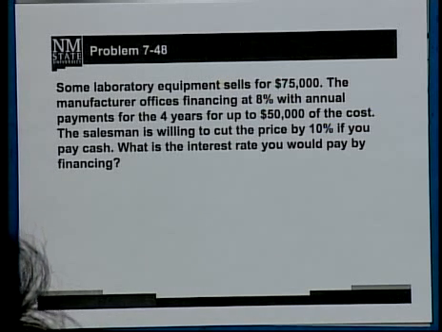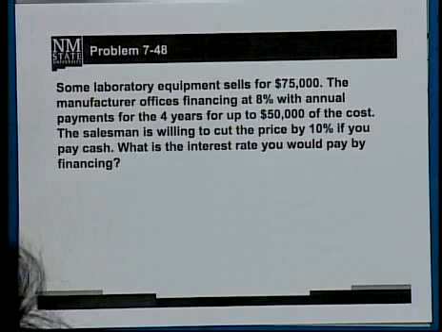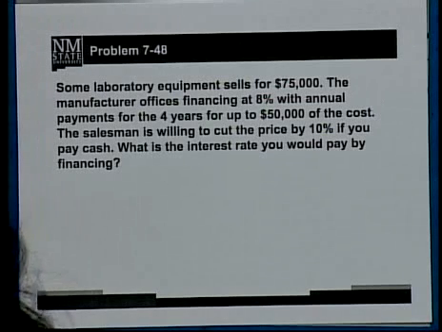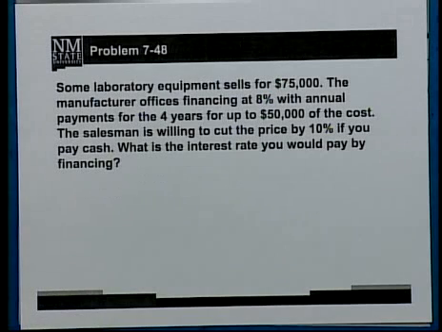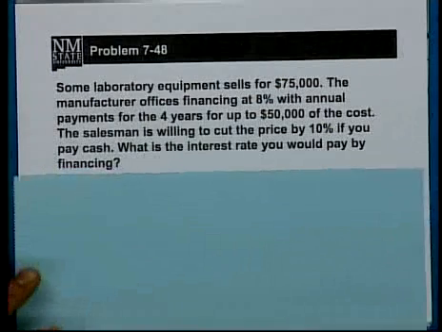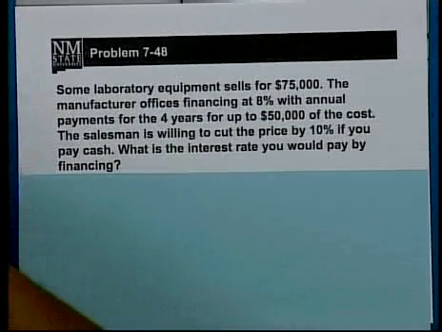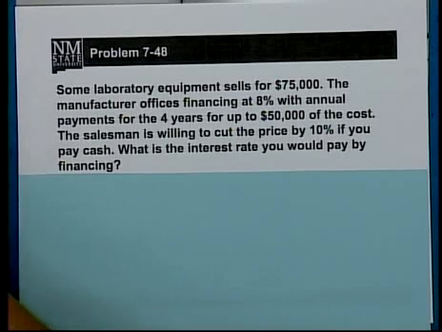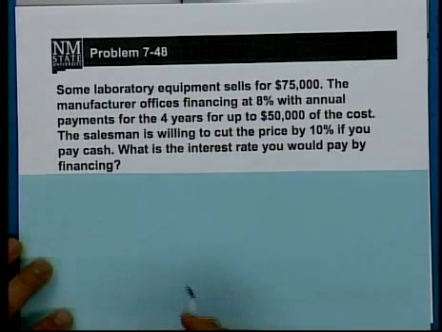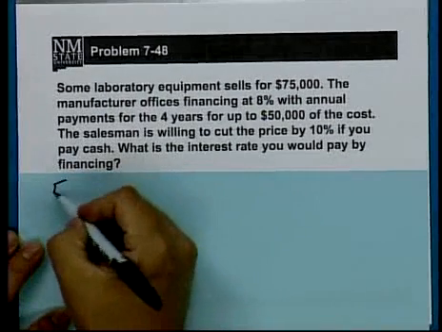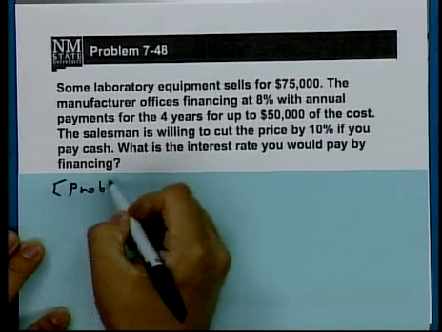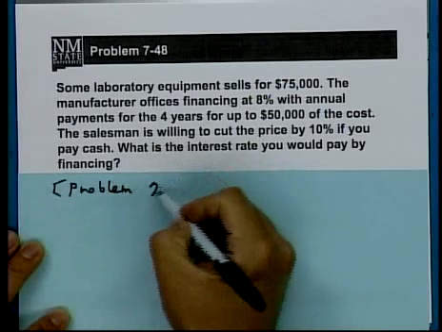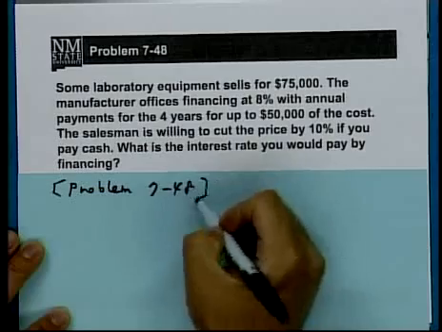The salesman is willing to cut the price by 10% if you pay cash. What is the interest rate you'd pay by financing? Okay, so we are solving problem 7-48.